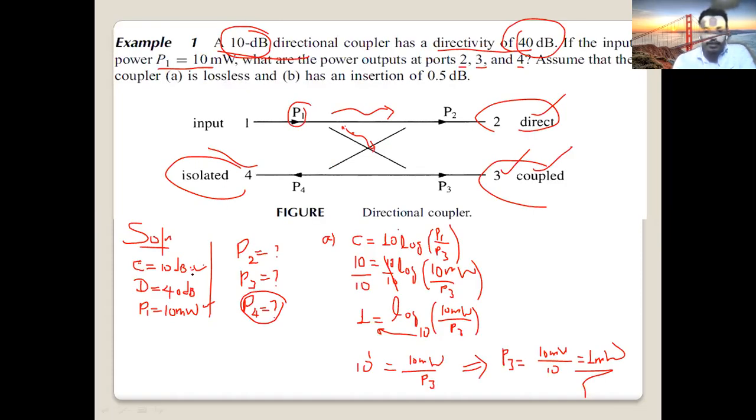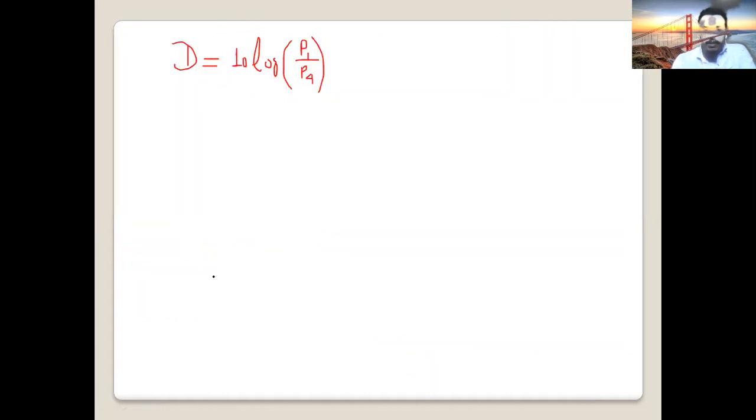Directivity is given, it is 40 dB. So D is 40 dB, which is equal to 10 log of P1, the input power. How much? It is 10 milliwatt input power. So we need to calculate P4.